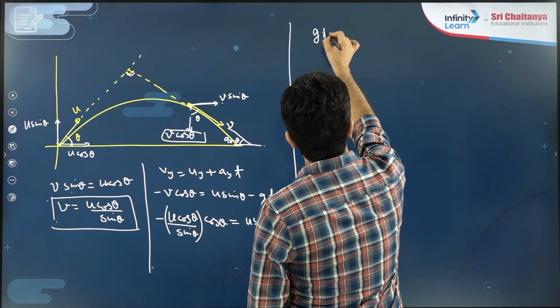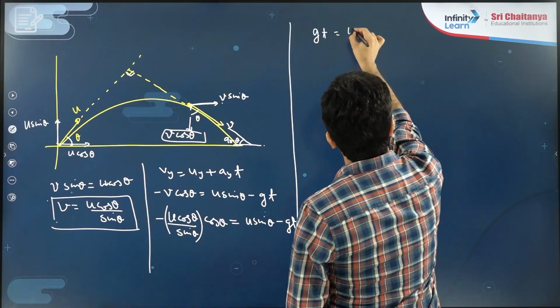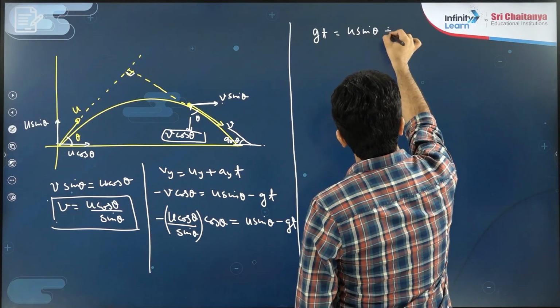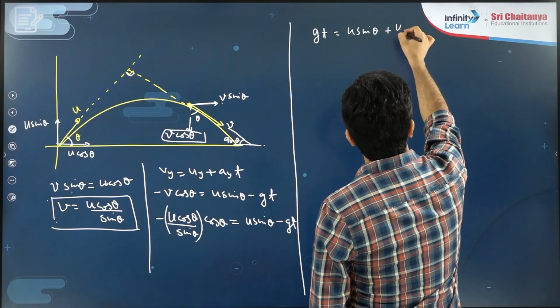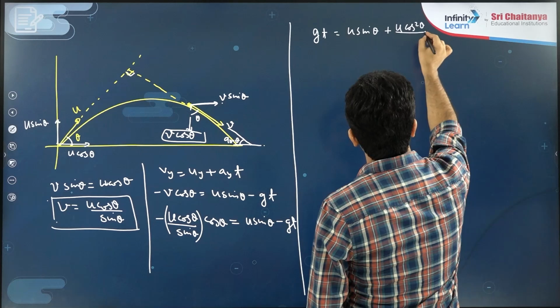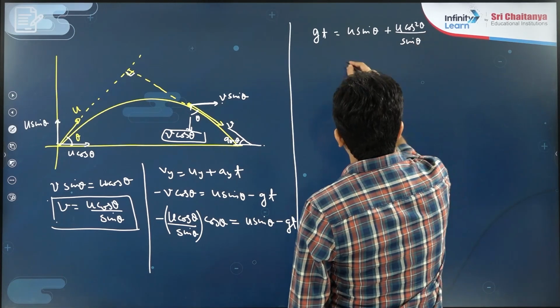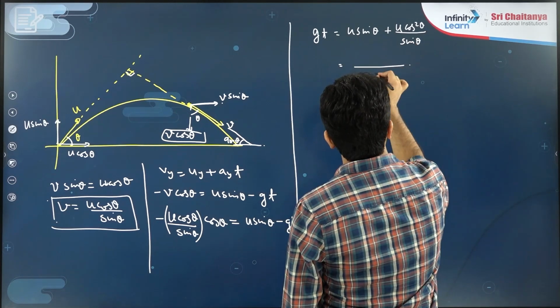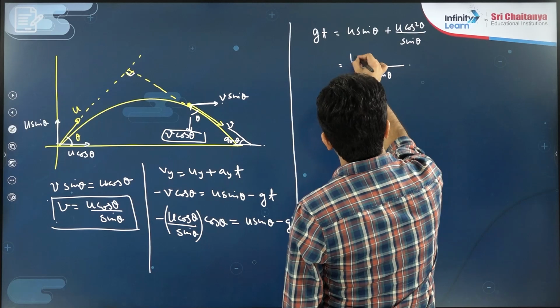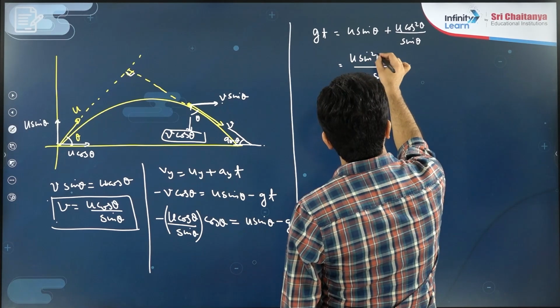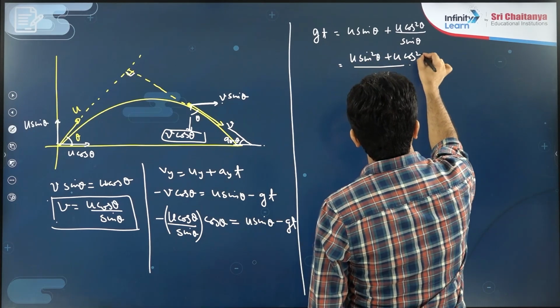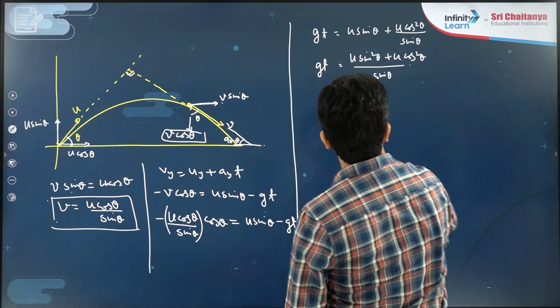That is equal to g t is equal to u sin theta plus u cos square theta divided by sin theta, or you can write a little more. This is u sin square theta plus u cos square theta over sin theta is equal to g into t.